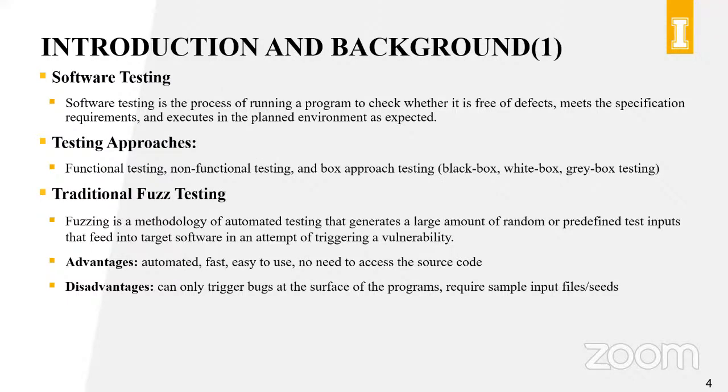The advantage is that fuzzing is automated, fast, easy to use, and needs no access to the source code of the tested software. But the disadvantages are that it can only trigger bugs at the surface of programs, and it requires sample input files to be able to test these programs.